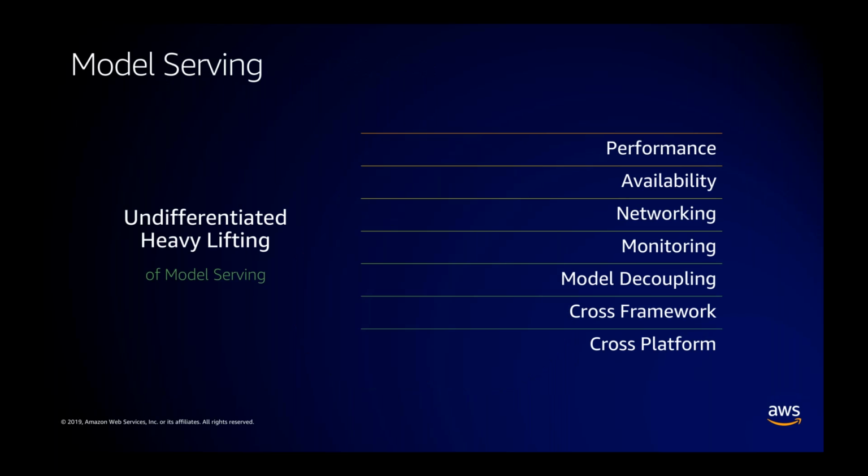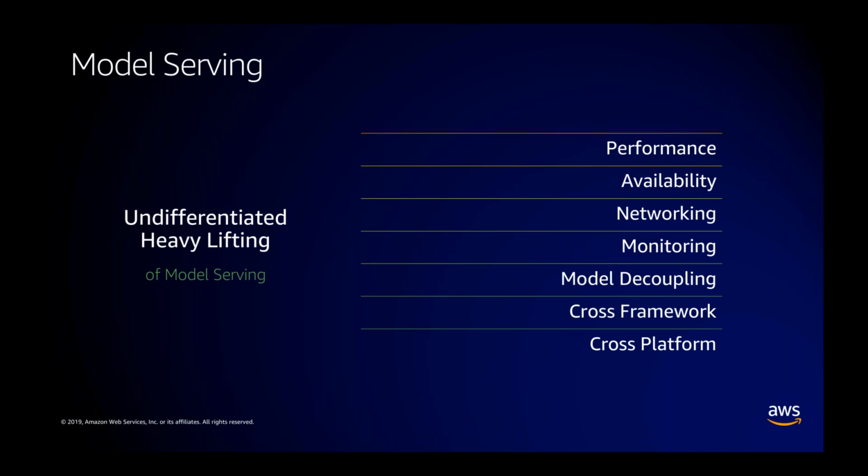And when it comes to model serving, there's a number of areas where we have undifferentiated heavy lifting that AWS is going to do for you. So when it comes to training your model, that's really where you can differentiate in terms of the performance of your model and what the model is doing. But there are certain areas that we always want to have good performance, good availability, and good networking.